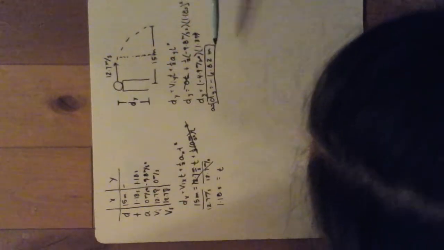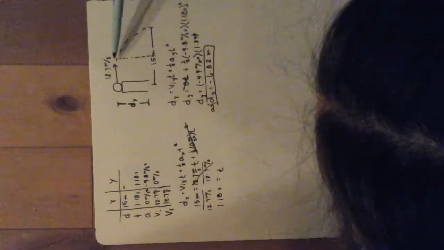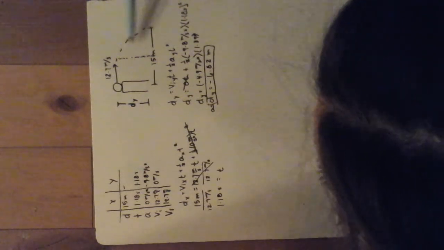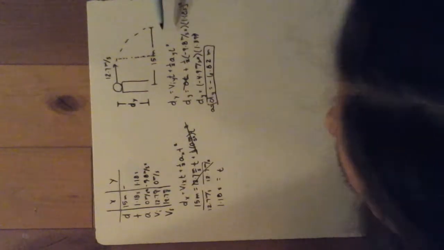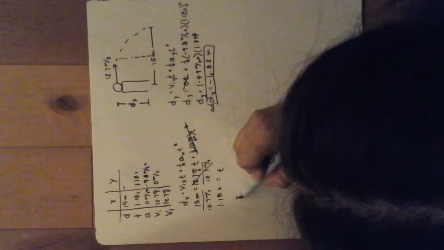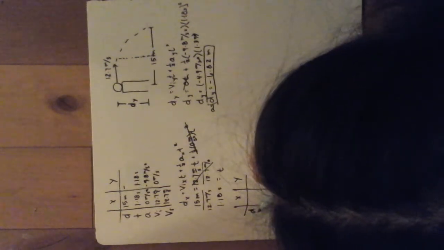We can't just divide the y distance that we just found in half because this object is accelerating downward. That means it's going to cover less space in the first half of the trip than in the last half of the trip. So we need to calculate for it. To do that, I'm going to really quickly jot out a new table because we will have some different values.